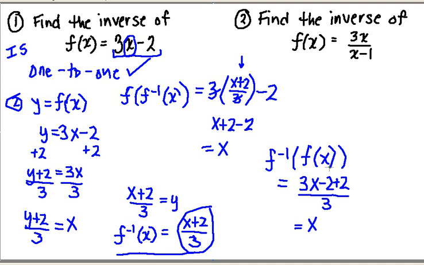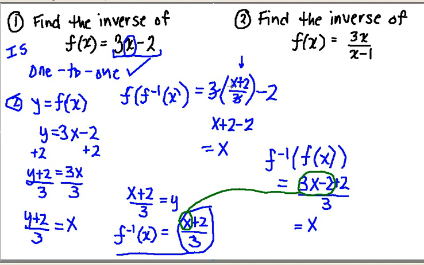Just want to reiterate how I did this. I went to my f inverse function wherever I had an x, and I plugged in f of x. So in place of this x here, I plugged in the whole f of x, which was 3x minus 2. Then I had a plus 2 and a 3 divided by 3.